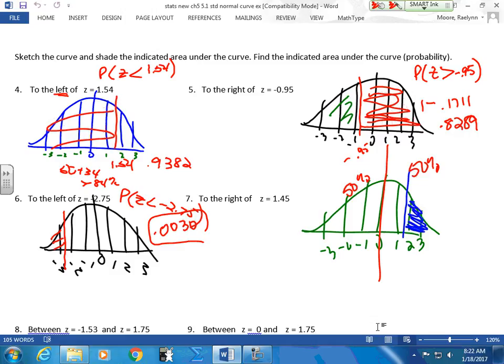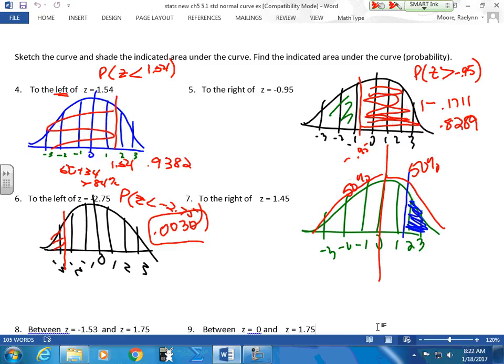My shaded area, this whole half is 50, this whole half is 50. My shaded area is this little piece. This is 50% of my curve. This is more than 50% of my curve, out that way, right? So even if I cut it in half and said this was 75% of my curve, wouldn't I expect this to be somewhere like 20%-ish?